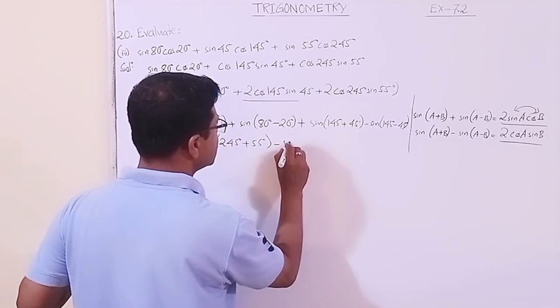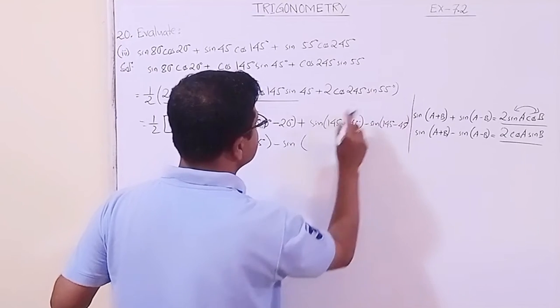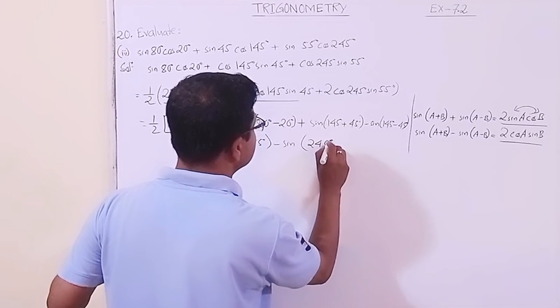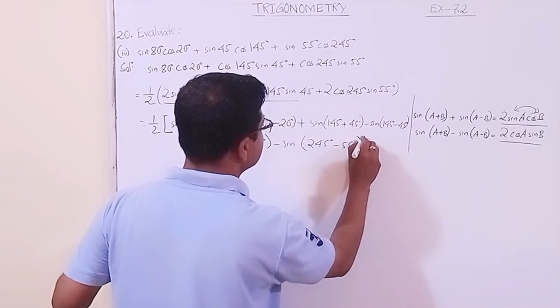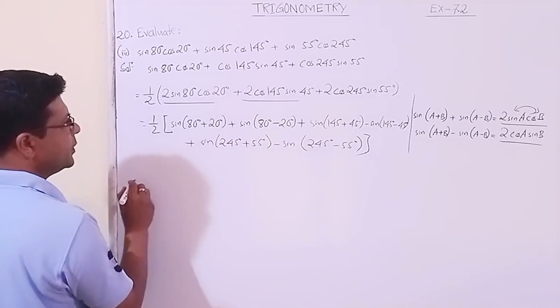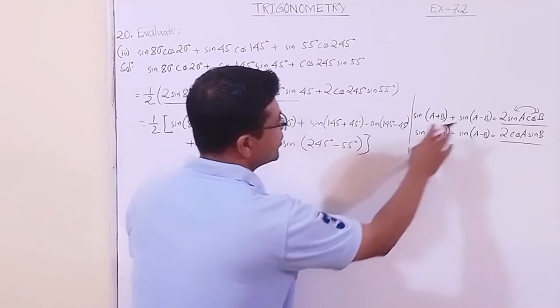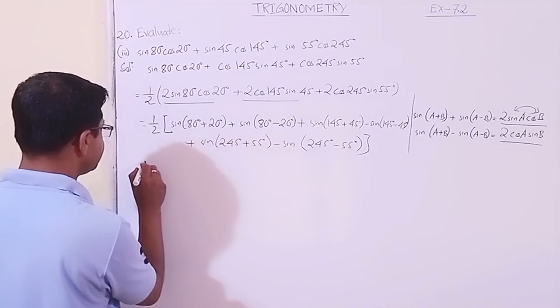minus sine of (a minus b), 245 minus 55, bracket close. Okay, so the main thing we have done, we have got everything here after applying this formula.